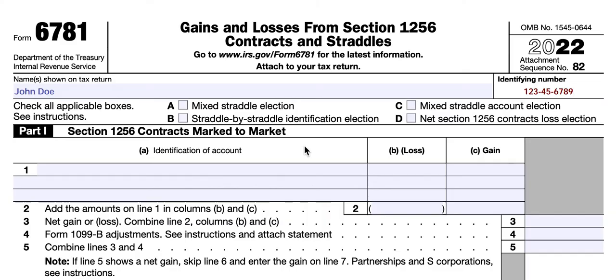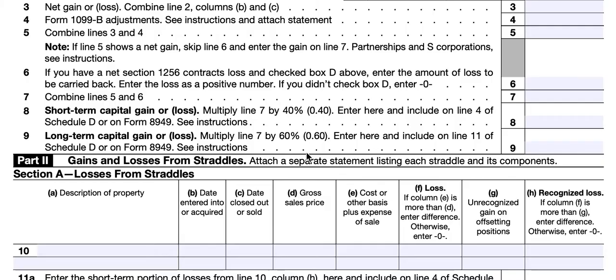Mark-to-market rules don't apply to Section 1256 contracts that are properly identified in a timely manner as a hedge contract.